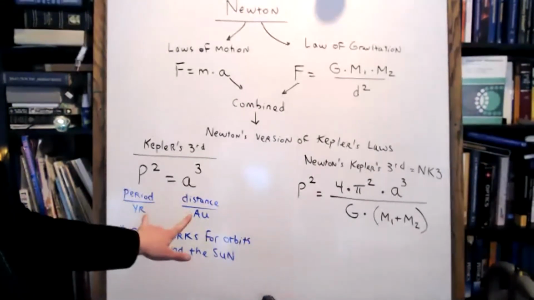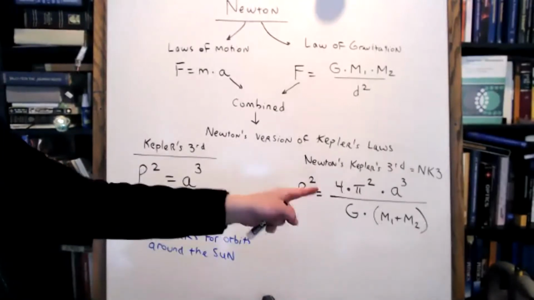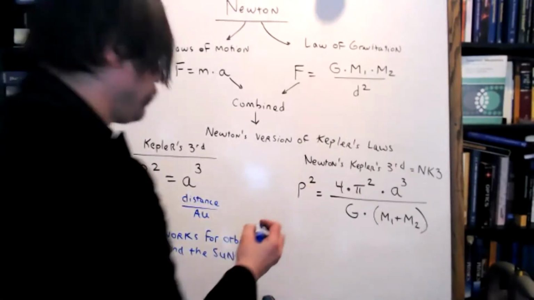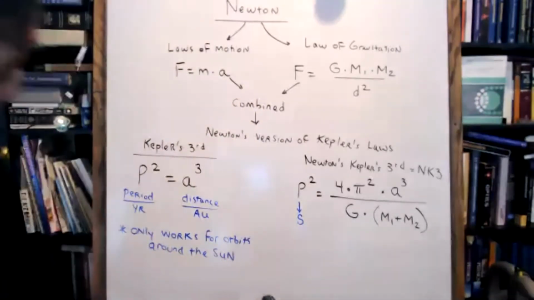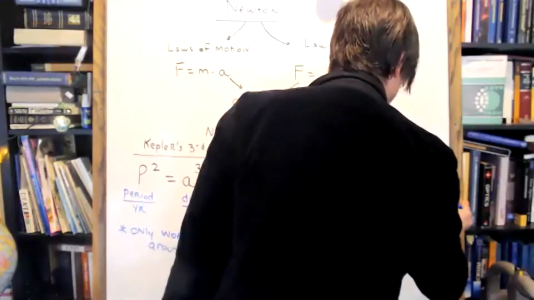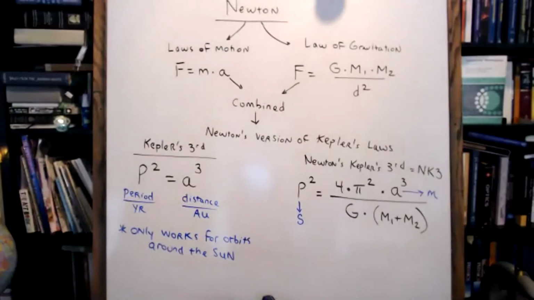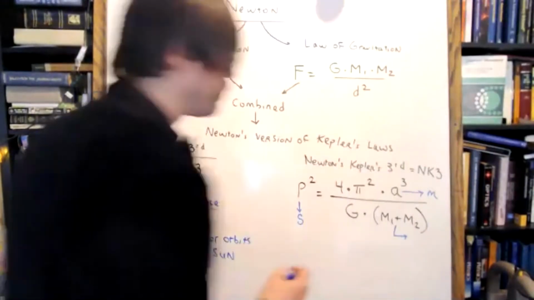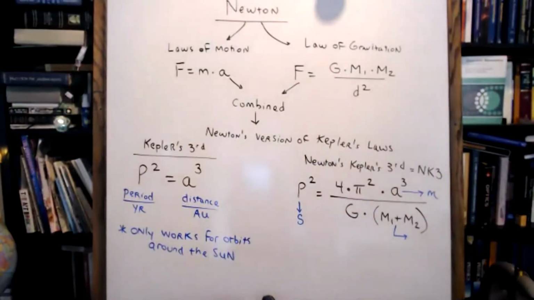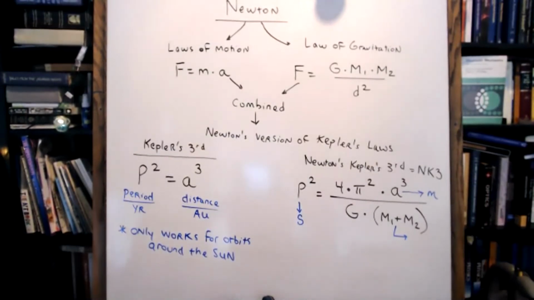The units are not the same as the Kepler version. Newtons have to be MKS. So the period must be measured in seconds. The A must be measured in meters. And take a guess, kids, what are the masses going to be measured in? What do we measure masses in? Kilograms? Kilograms, that's right.